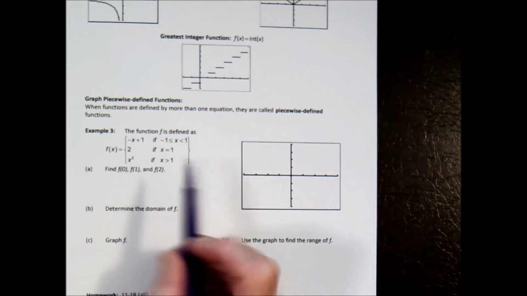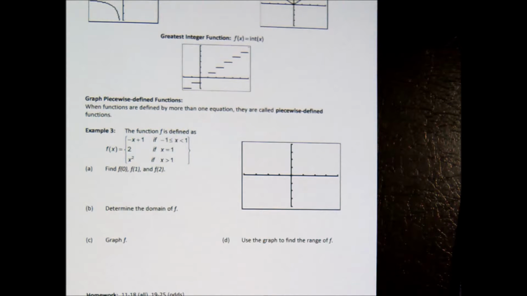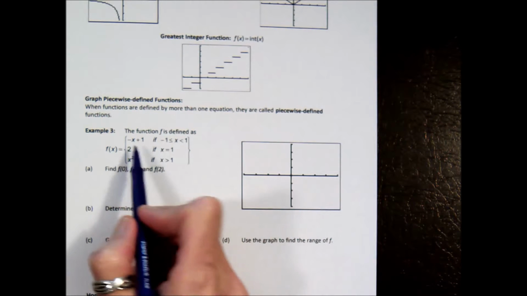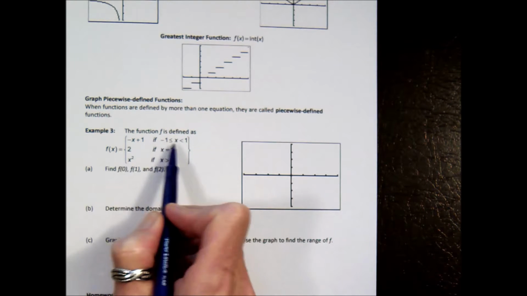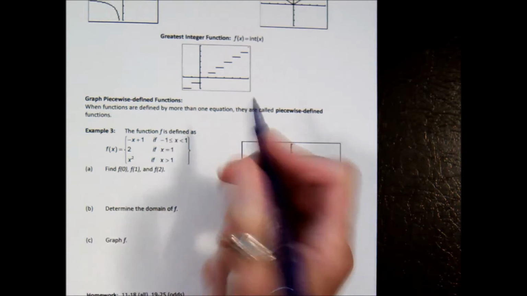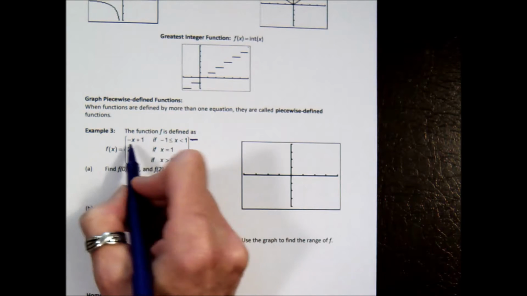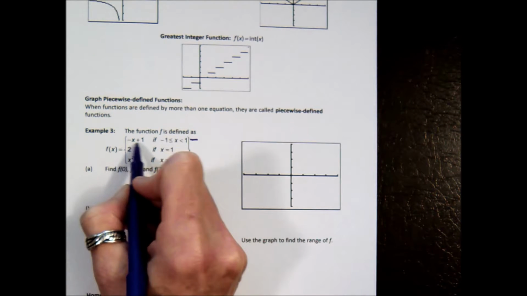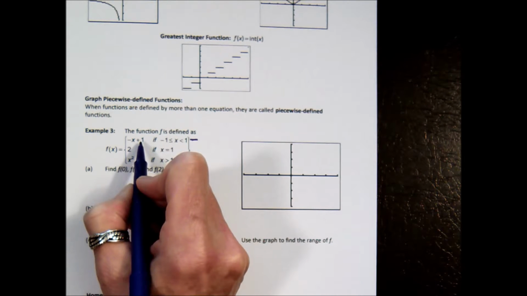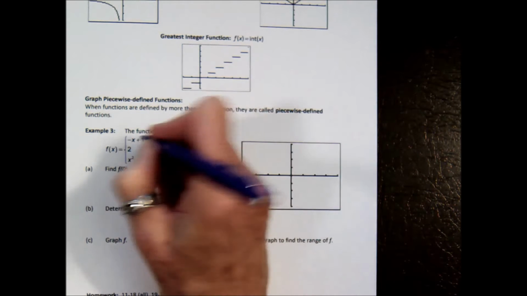Now I'm going to use 3 different colors for this to sort of help you. So let's do this. If x is between -1 and 1, we'll do that in blue, or in purplish blue, okay? And I know that f of x equals negative x plus 1 is what kind of shape? That is a line.